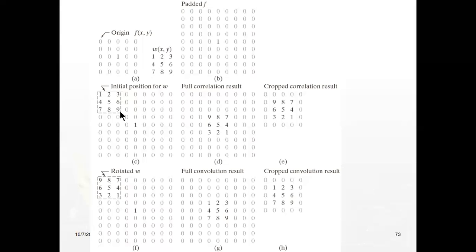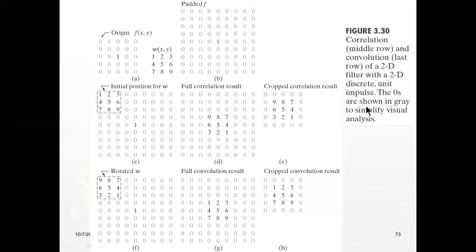In place of 9 being here, 9 is coming over here. And 3 and 7 are also exchanged. Like that, you have 6, 8 here and 6, 8 coming at this place. 2, 4 here and 4, 2 coming at this place. That is the rotated one. So thus we can get the correlation and the convolution for both of them together.